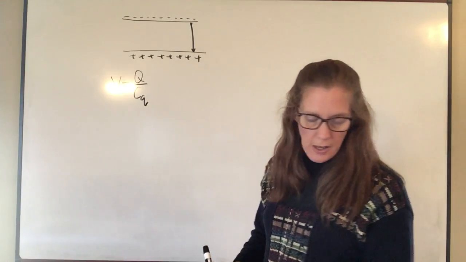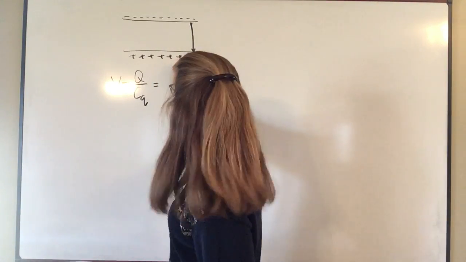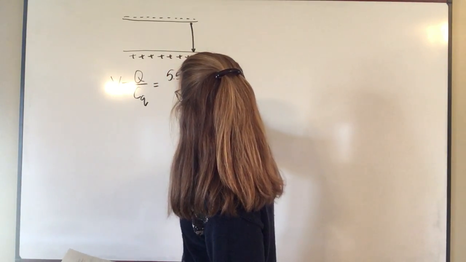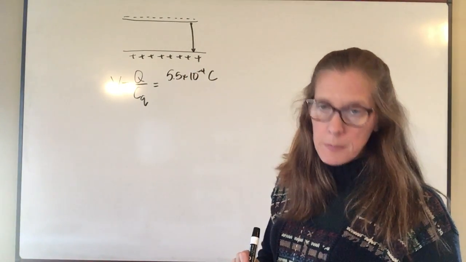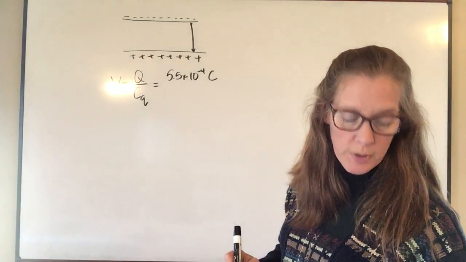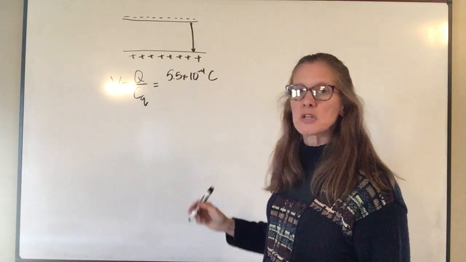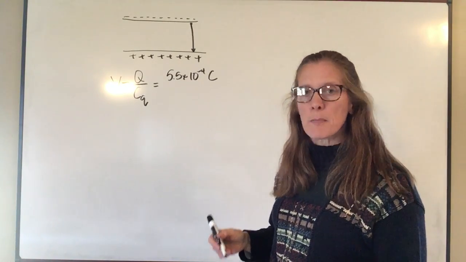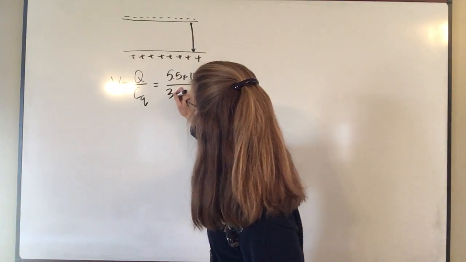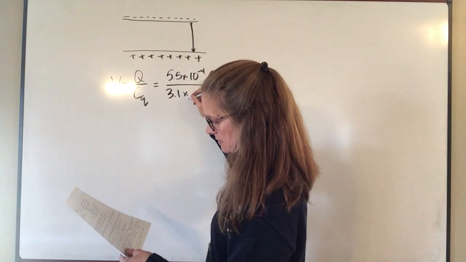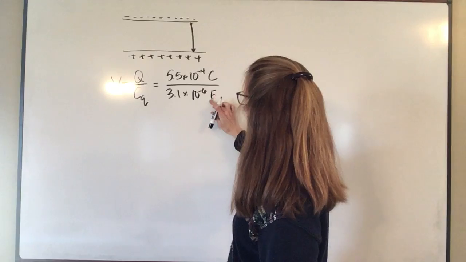So we know that the charge that it can hold is 5.5 times 10 to the minus 4th coulombs, because it tells you that that's what the stored charge is. It says it's 0.55 millicoulombs, which is 5.5 times 10 to the minus 4 coulombs. It also gives us the capacitance of the capacitor, and that is 3.1 times 10 to the minus 6 farads.